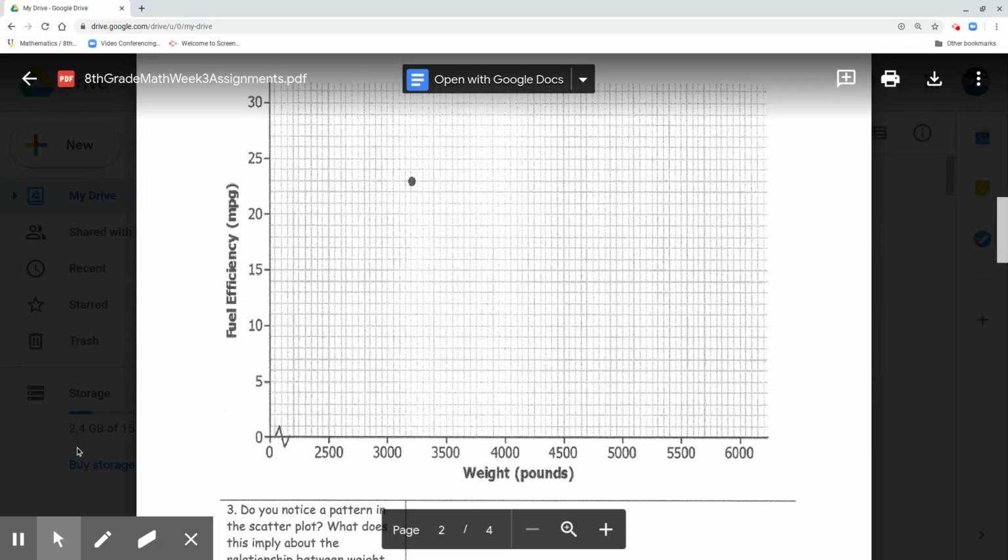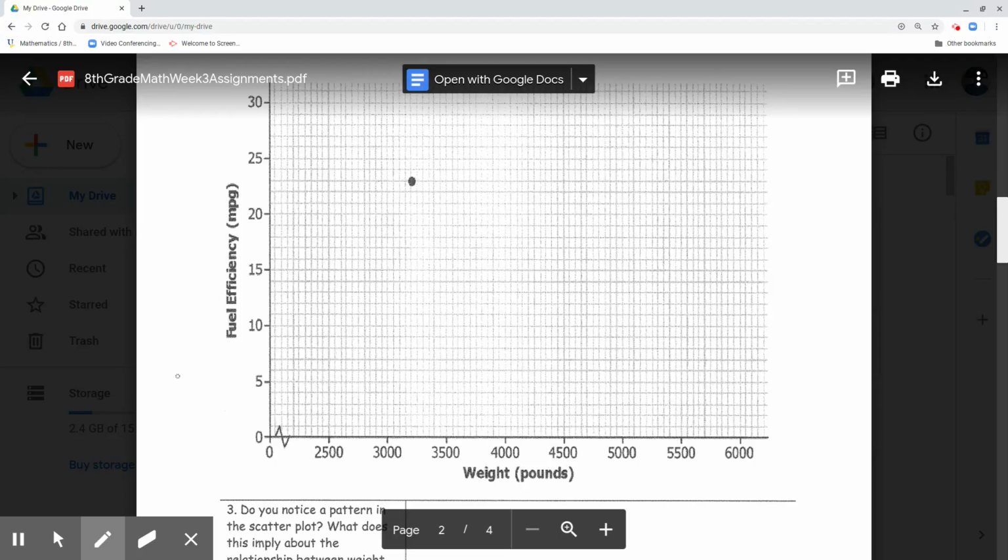So the first thing I'd like to point out to you guys is, let's talk about that idea of independent versus a dependent variable again. The information gathered gave us a lot of different weights for cars and what the fuel efficiency was for each of them. So what we're trying to prove here, or find out with the scatter plot, is there some kind of relation between the data?